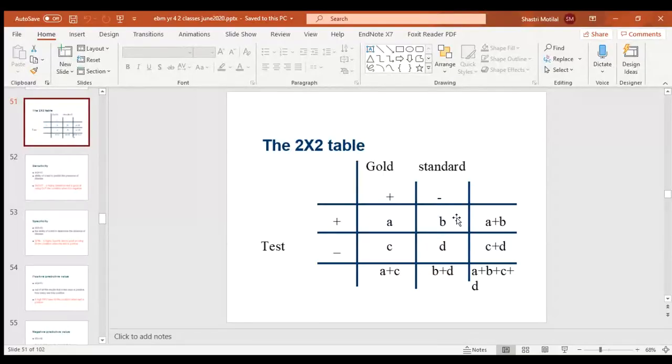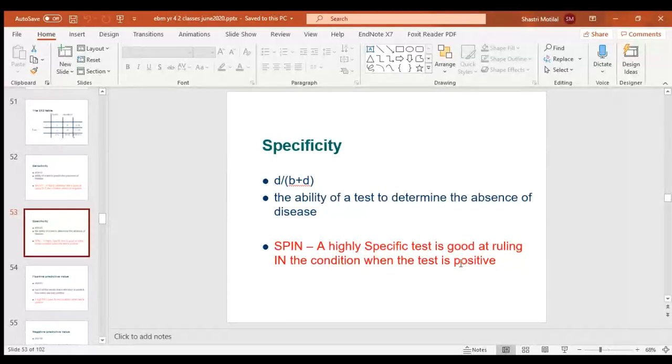So if B is 0 in a highly specific test, and in practice you do your test and you get positive results, then positive results on your test refer to all the true positives. This is why a highly specific test is good in ruling in a condition.